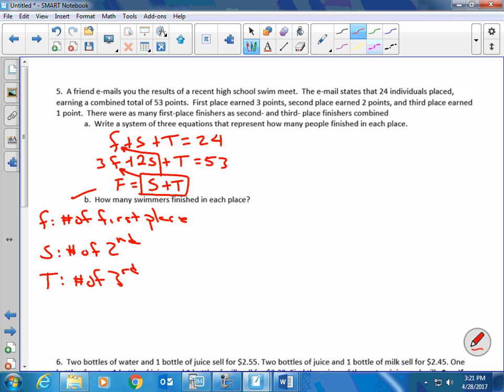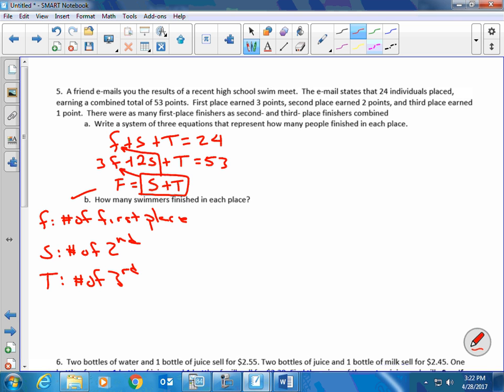Remember the techniques for solving a system of 3 by 3. I want to reduce my three-equation, three-variable system down to a two-equation, two-variable system, meaning I need to eliminate the same variable from both equations.